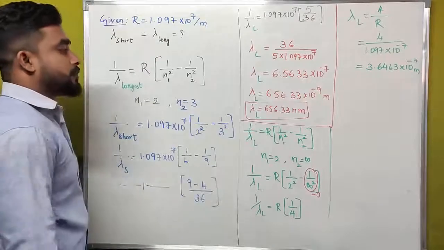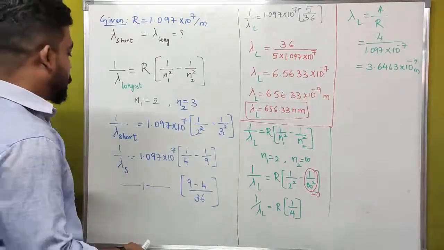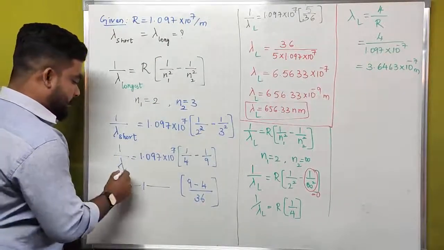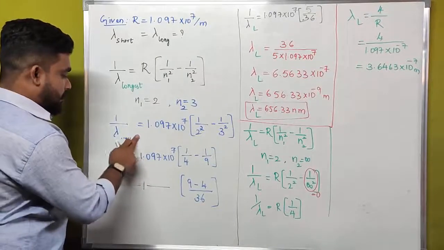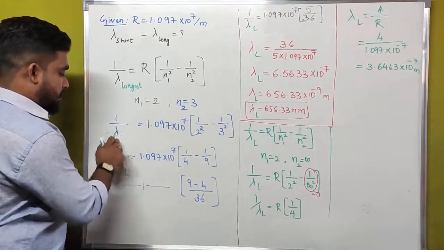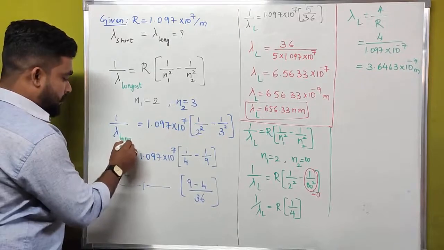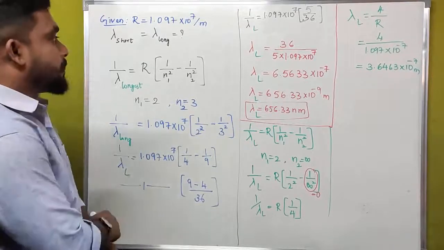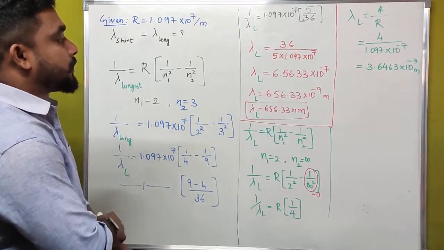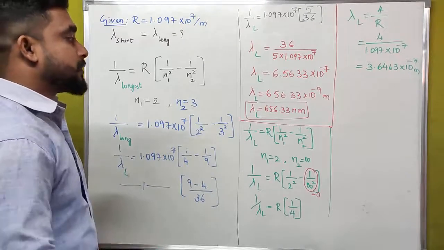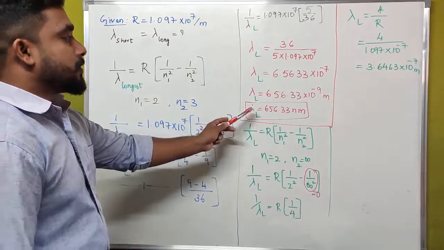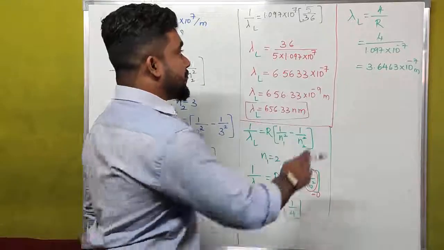Lambda L is equal to 656.33 into 10 to the power of minus 9 meter is the longest, because we can compare these two. This is the shortest.